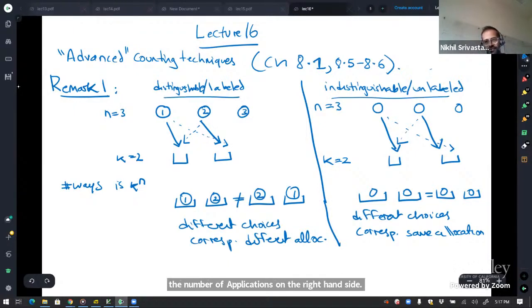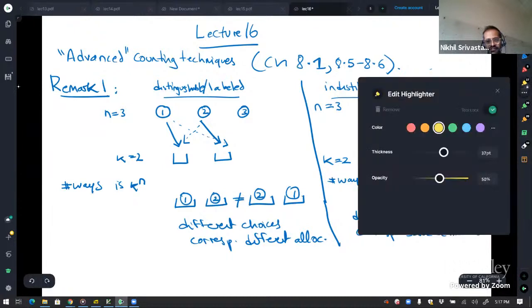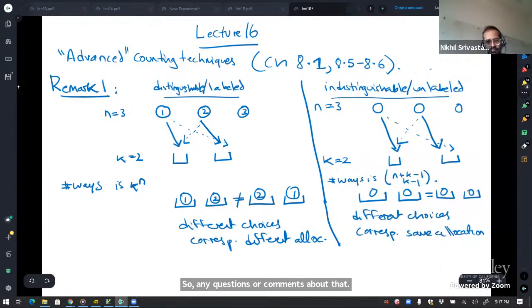You have to do something else, which is all this stuff about bit strings and whatnot. You finally get that the number of ways is n plus k minus 1 choose k minus 1, which is different. Any questions or comments about that? So this is different from this. Okay, so that's one remark.